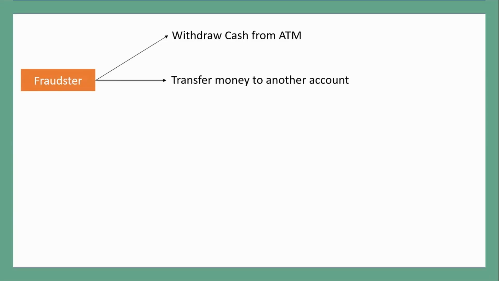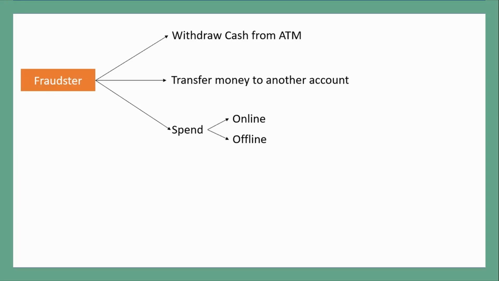So once a fraudster has access to the customer's account, then he can withdraw cash from an ATM, right? Or he can transfer money to another account. I'm using he here, but it could be either a man or a woman, but for simplicity, I'll be using he as a fraudster. Or the fraudster could spend that money either online or offline.